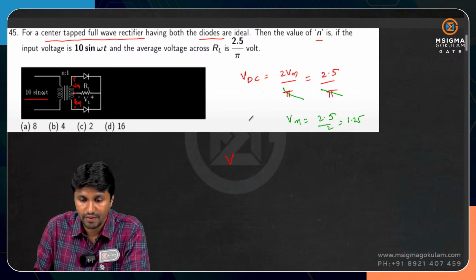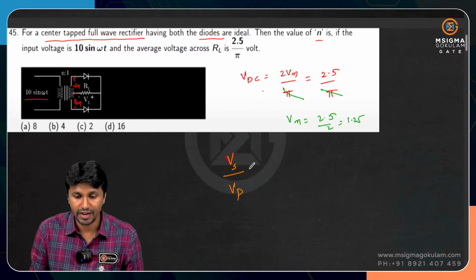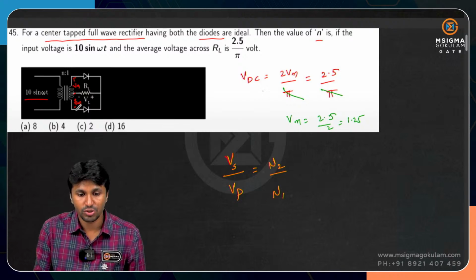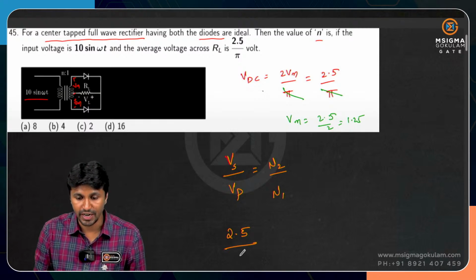Across this center tap transformer, this is Vs, the voltage at the secondary divided by the voltage at the primary, which is N2 by N1, right? At the secondary, Vm is 1.25, so in total Vm plus Vm is 2 Vm, which is 2.5, divided by the voltage at the primary, which is 10.